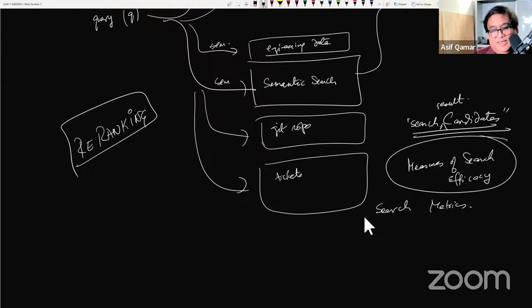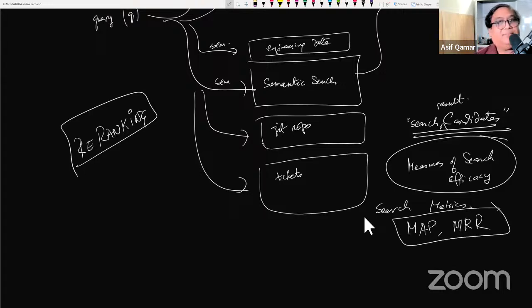So that's a topic. But let us say that you do have some metric in mind. The two metrics that we will talk about are MAP and MRR. There are many search metrics, but these two are the most popular, and we will talk about them shortly.